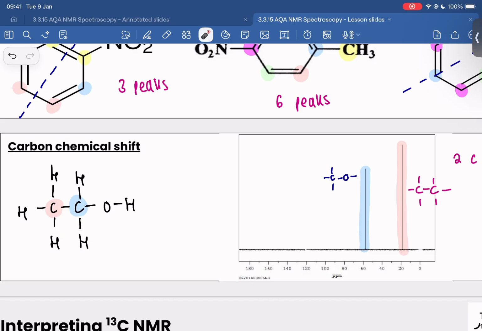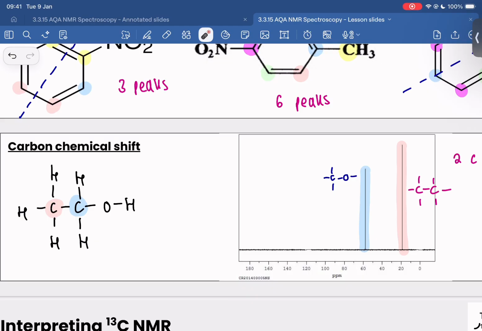But this one is attached directly to oxygen. So because there's less electrons surrounding this carbon, it's going to absorb more of that energy, more of those radio waves, more of that magnetic field within the larger external magnetic field, as I mentioned. And that means that the shift is further to the left. It's absorbing more energy, and so the chemical shift is further away from the TMS peak, which would be at 0. Yeah? I hope that makes sense.